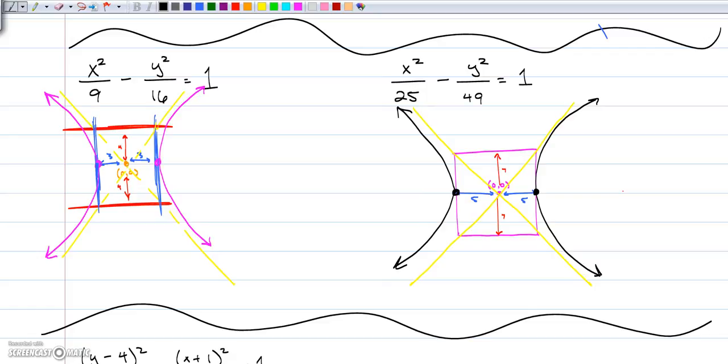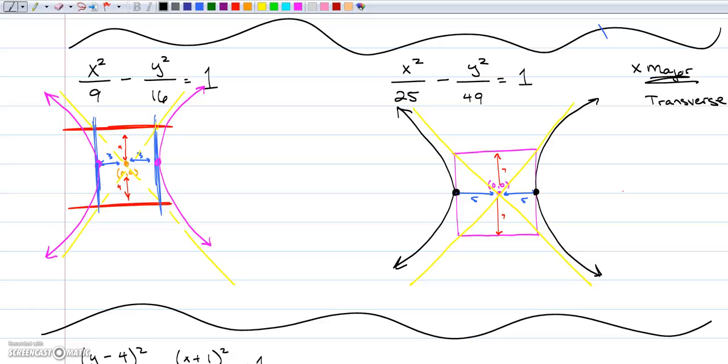So I'm going to go ahead and add in a couple extra pieces of vocabulary for you. Going sideways in this particular problem, we said earlier that this would be an X major. The major axis in a hyperbola is also called the transverse axis.